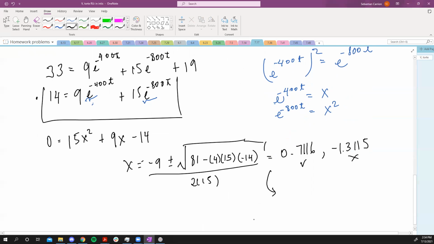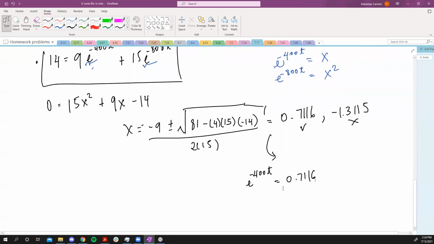So x, which is e to the negative 400t, is equal to 0.7116. Off this, you can just let the calculator do the work, and for this value I got 8.506 times 10 to the negative 4 seconds.